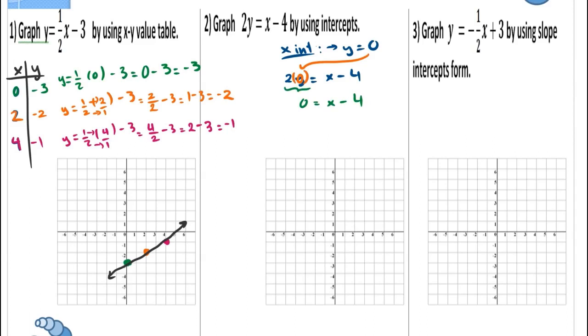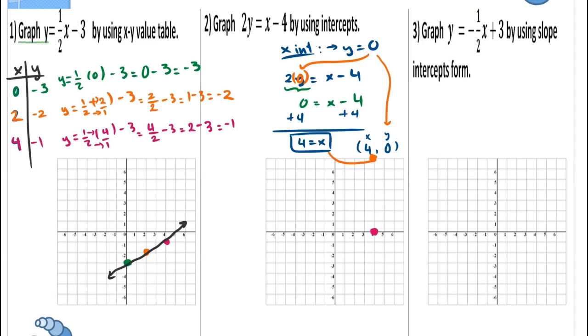To get x by itself, you're going to add 4 on both sides. So that will give you 4 equals x. To write this as an ordered pair, x is 4 and y is 0, because we chose y as 0 from the beginning, and the corresponding x after you plug in 0 is 4. So the point is (4, 0), right here.